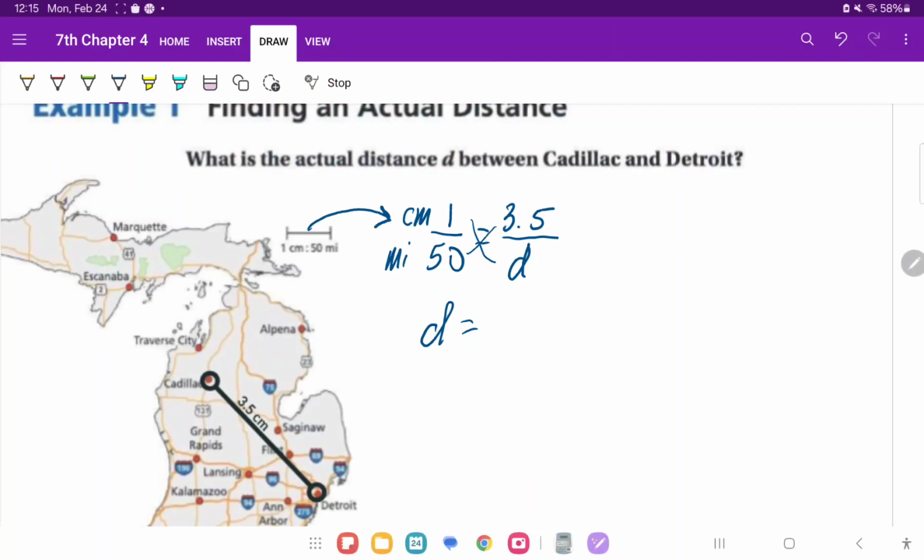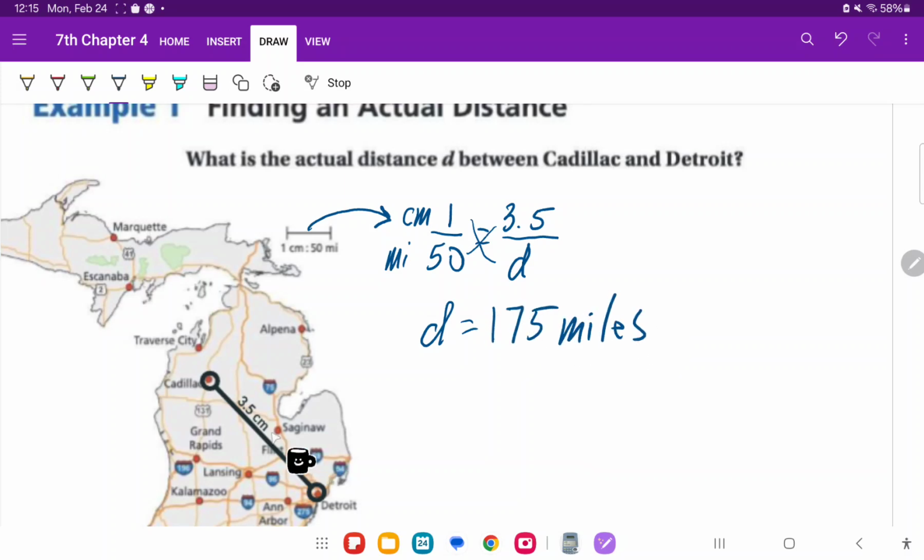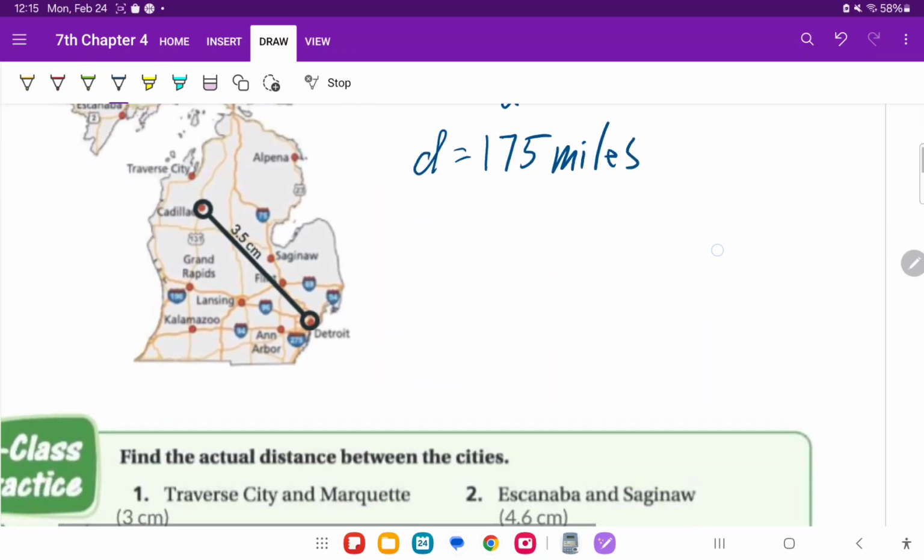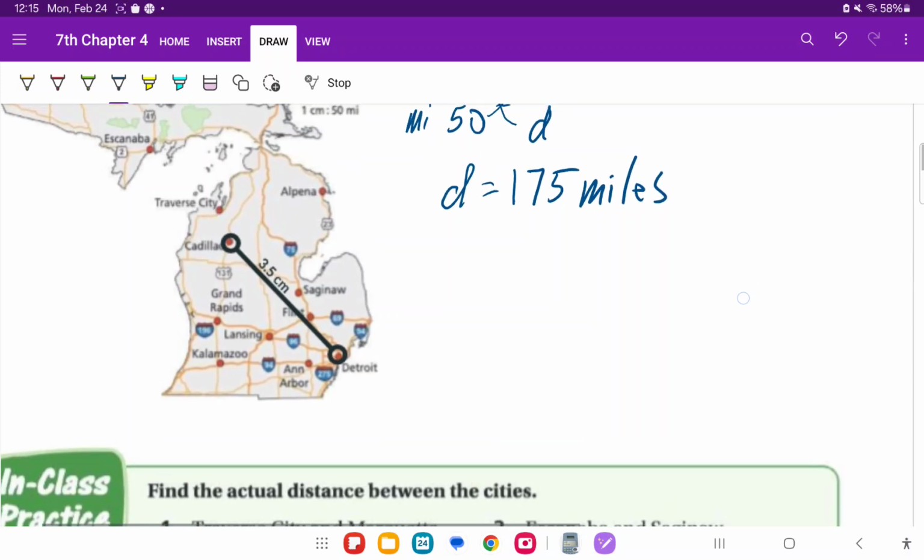So the distance is 175 miles. We measure it on the map, and then using that along with this key right here, we can solve and find out the actual distance in miles is 175 miles. Okay?